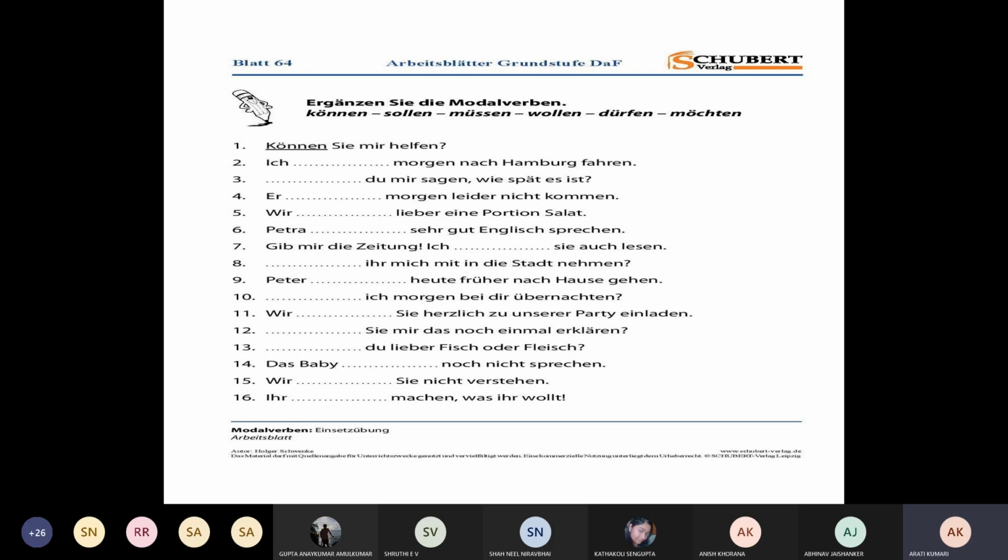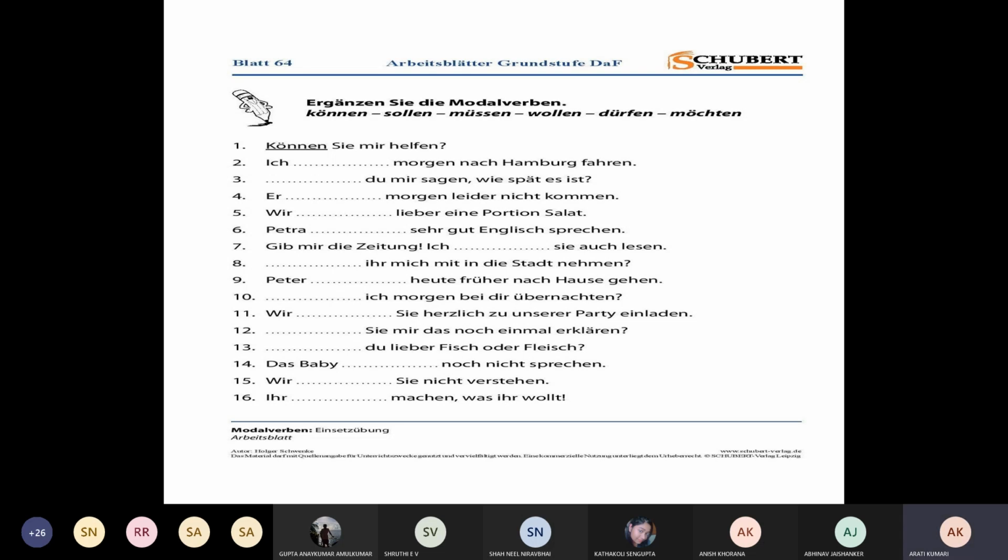What will we say here? Very simple. Tell me what verb we use. Again können, right? So Petra kann sehr gut Englisch sprechen. Petra can speak very good English.